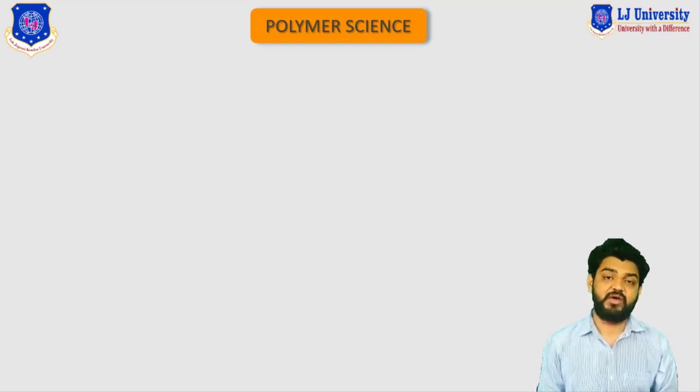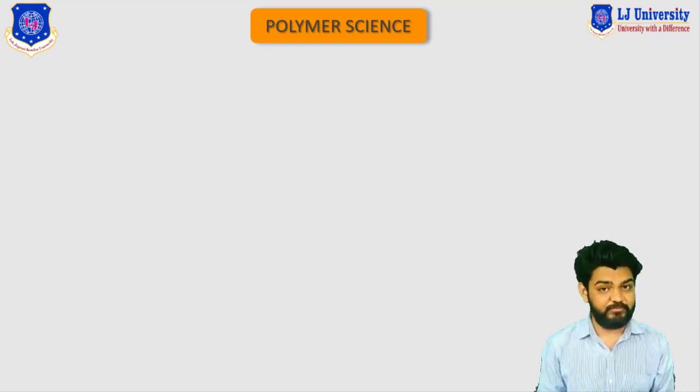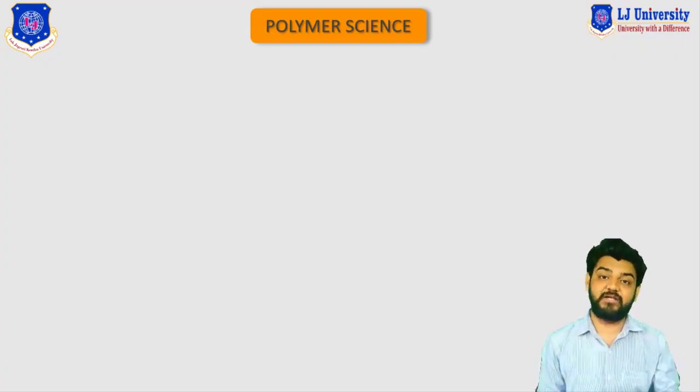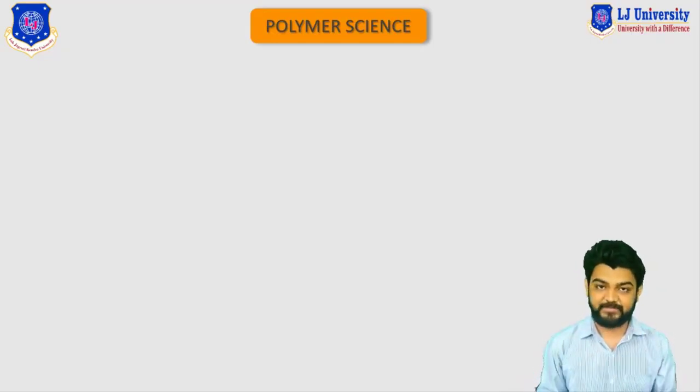We saw that when a polymer undergoes degradation, it loses its strength, its luster, and even its color. We saw examples of plastic buckets and plastic ropes. If you have missed that video, you can find it in the I button over here. We also discussed at what stage polymer degradation can take place in polymers.